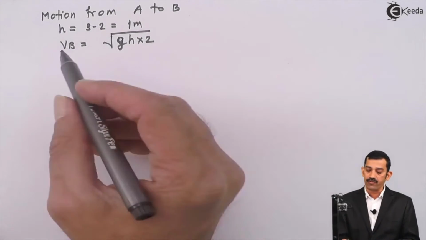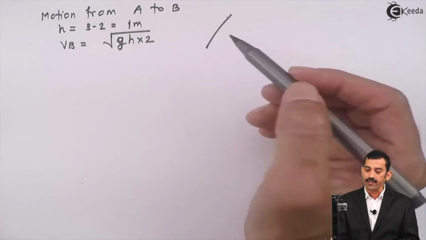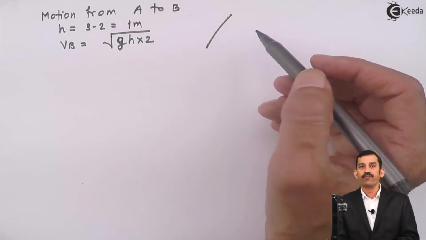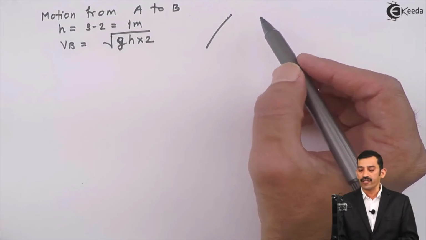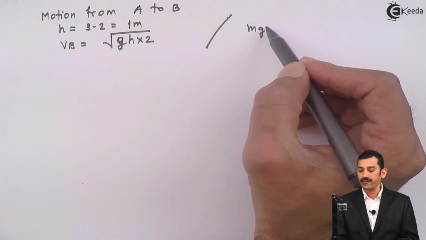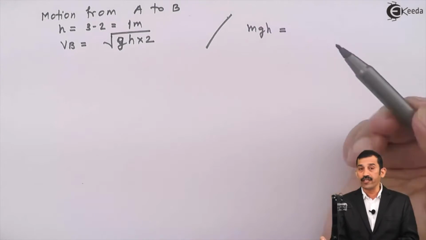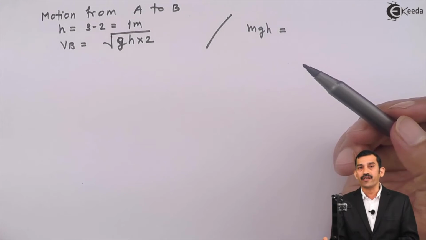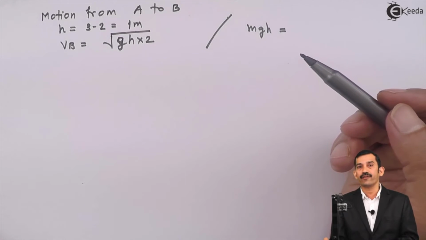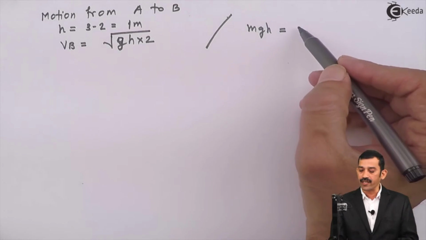Actually, where do we get this equation from? Let me represent it here. Any body falls from some height h, so it possesses some potential energy given by mgh. This potential energy gets converted into kinetic energy. The particle attains some velocity, so potential energy gets converted to kinetic energy.